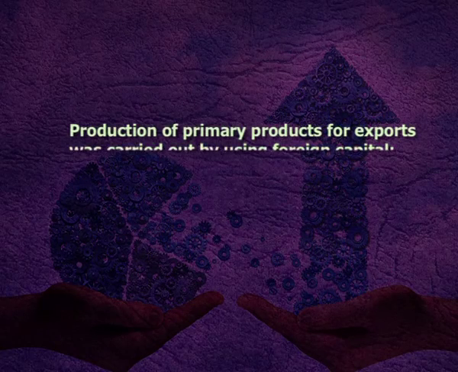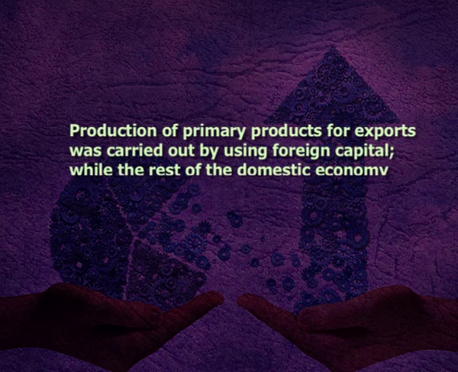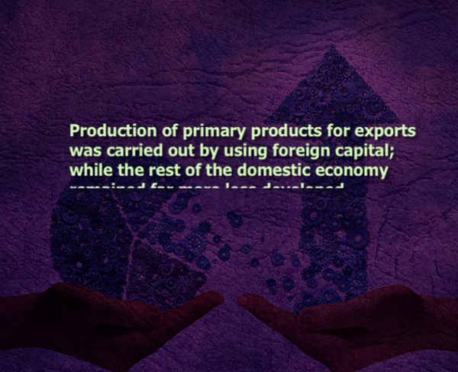Production of primary products for exports was carried out by using foreign capital, while the rest of the domestic economy remained far less developed. Thus, these countries started developing into dual economies arising from investment for trade. However, owing to cyclical fluctuations in production of export goods, the growth of these countries was irregular.